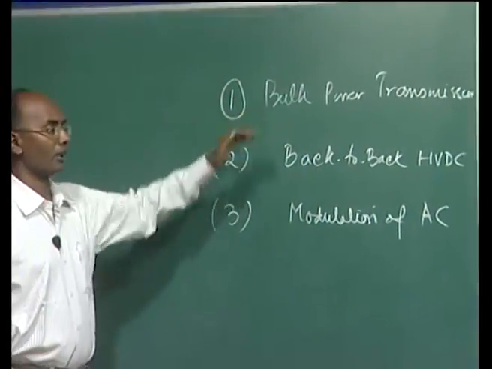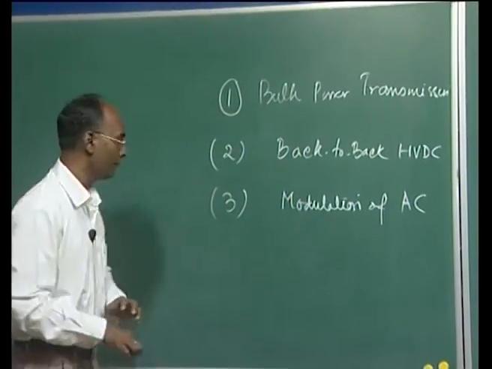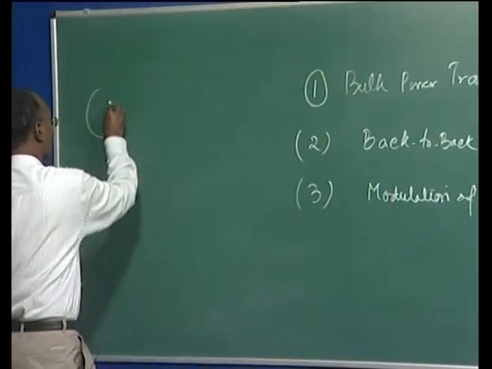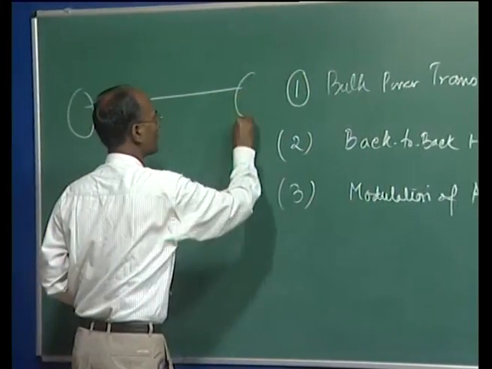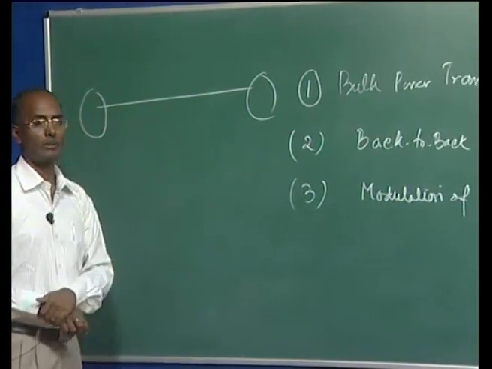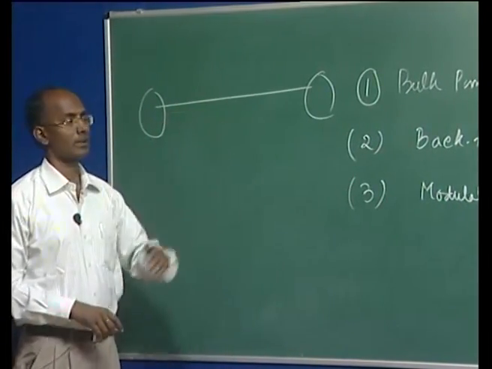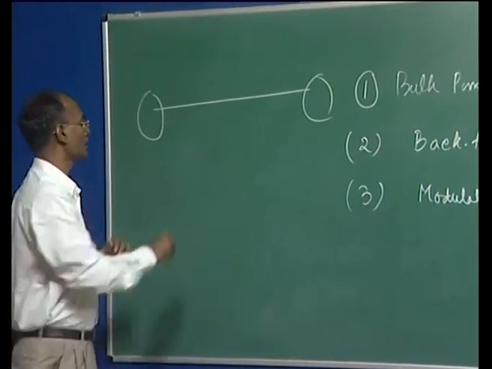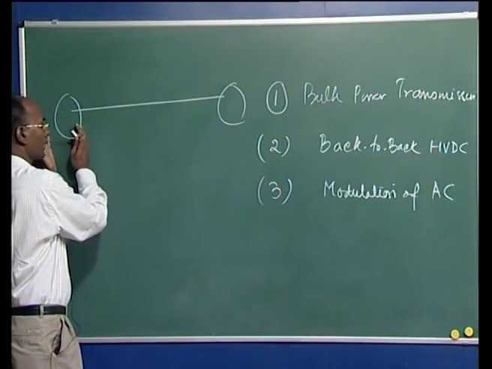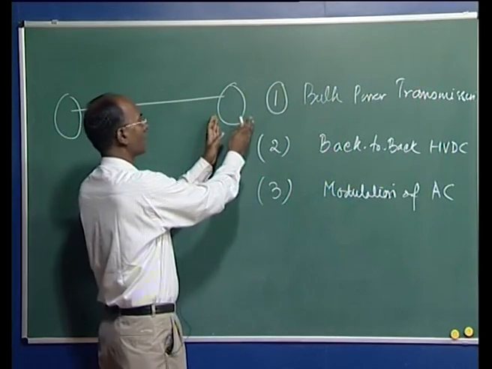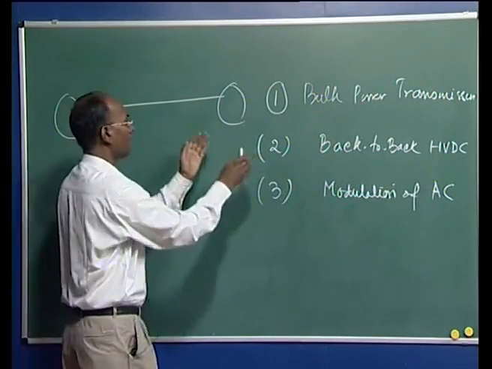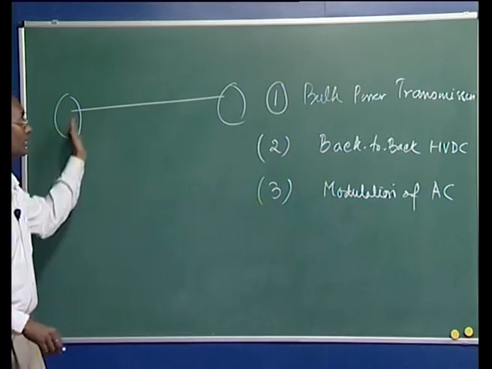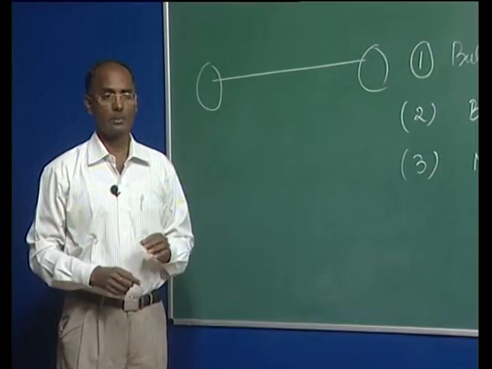Basically, in bulk power transmission, if you want to transmit the power from one region over a long distance without tapping power in between, it is called bulk power transmission. Here the concept is that if the generation in this area is very high and the load demand in this area is very high, we want to transmit power without tapping in between, DC is the best and the cheapest option.